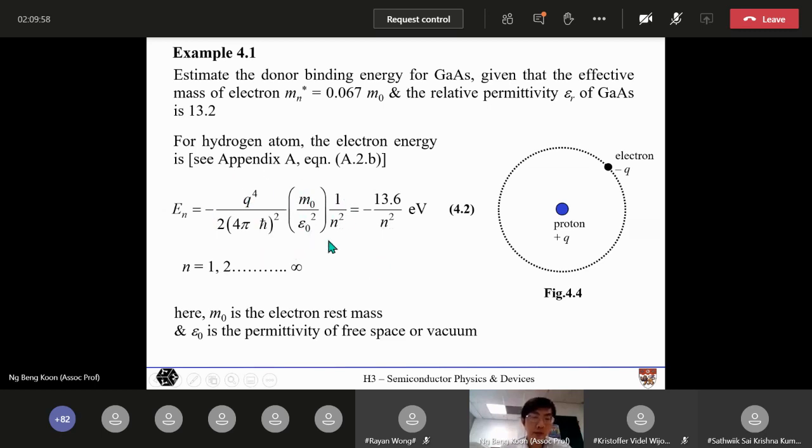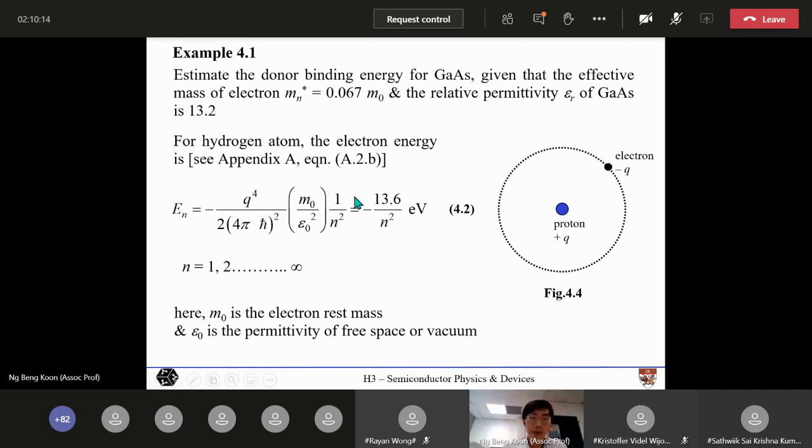If you look at the equation of the energy, there are a few terms, which is the m0. The m0 here basically refers to the rest mass of the electron. So in the case of an electron in a hydrogen atom, we can just use the rest mass of the electron.